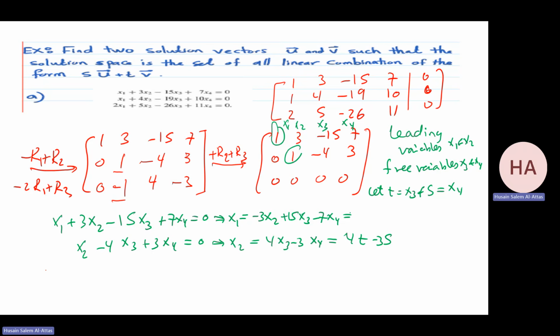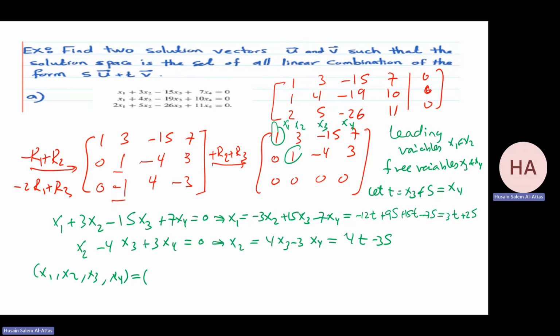Minus 3 times this will be minus 12t plus 9s plus 15t minus 7s. That gives me what? 3t plus 2s.